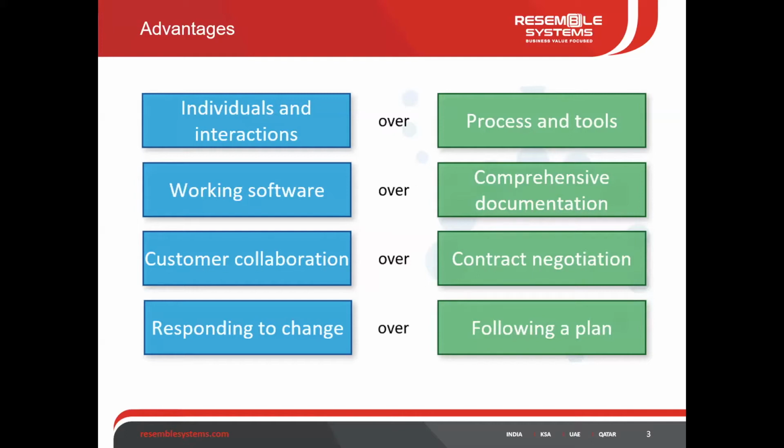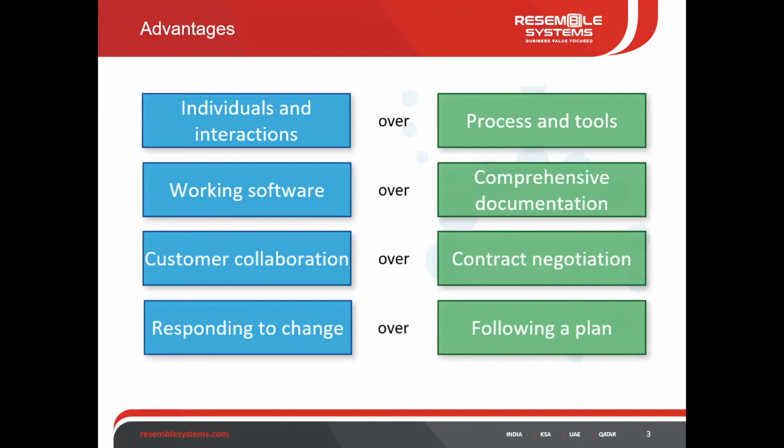So the interaction is more. Then we are talking about a working software with a small time span. Rather than going completely documenting a process, we need something which is actually working. Then we can talk about the contract. People talk about contract negotiation but we are not looking about how collaborative or how good softwares we get. So that's another part.